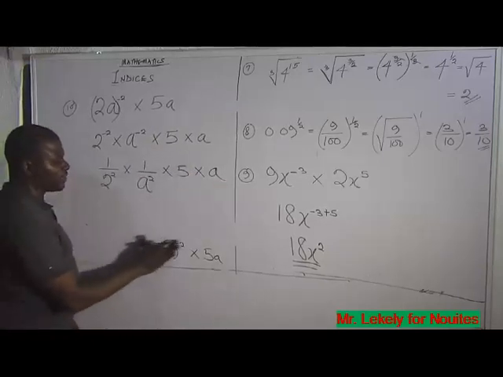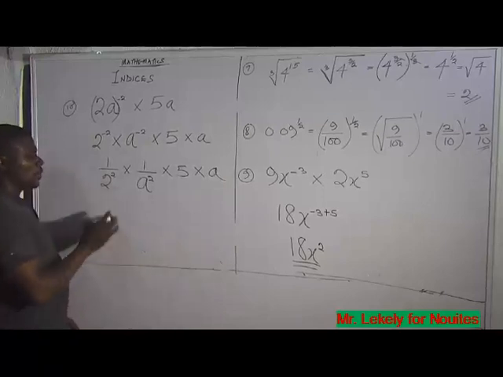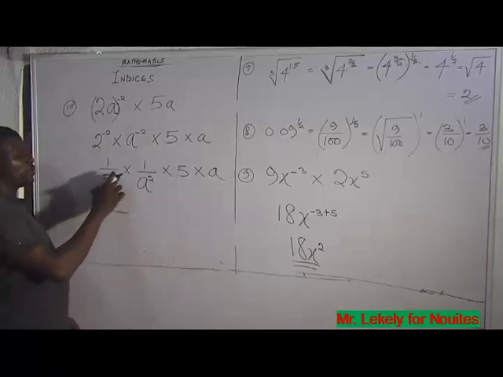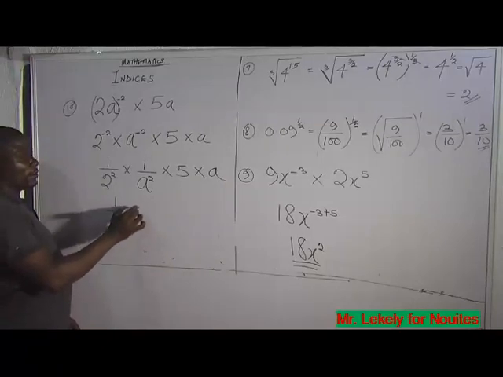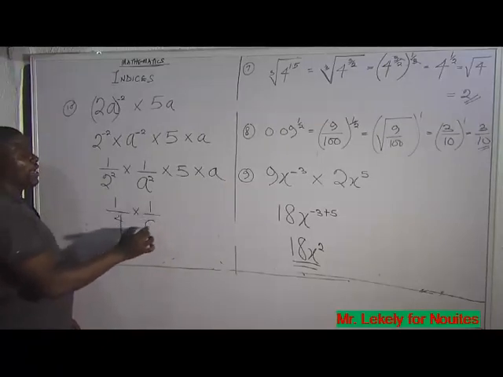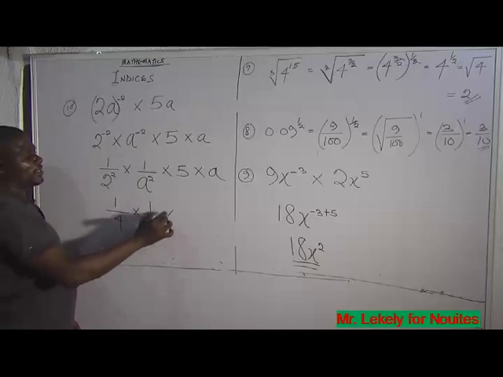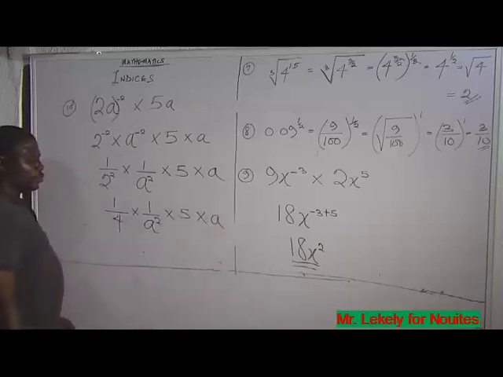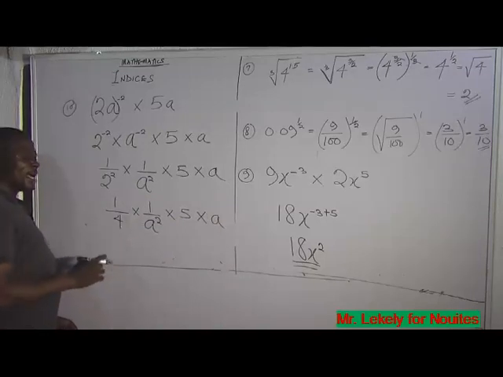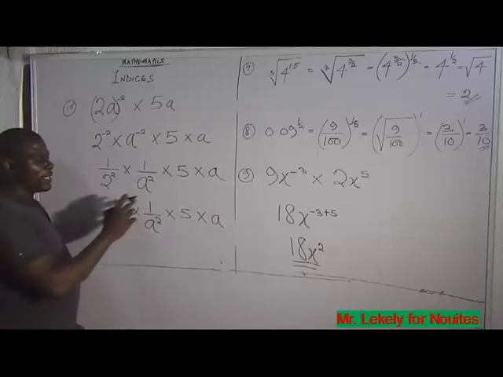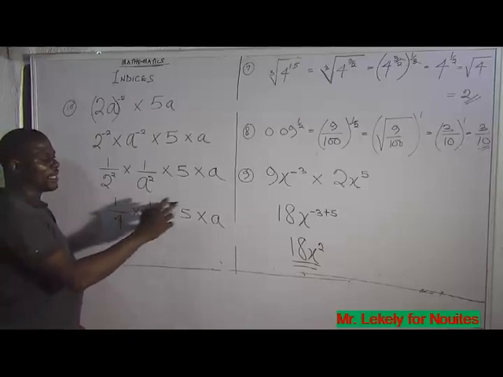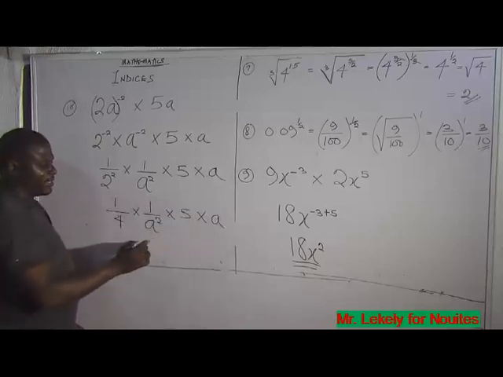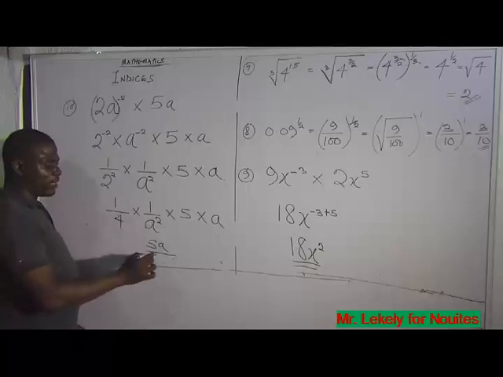So with this, you can now say 1 over 2 raised to power 2 is 4, times 1 all over a squared, times 5 times a. So with this, I can decide to say 1 times 1 times 5 times a, that is 5a, over 4 times a squared, that is 4a squared.